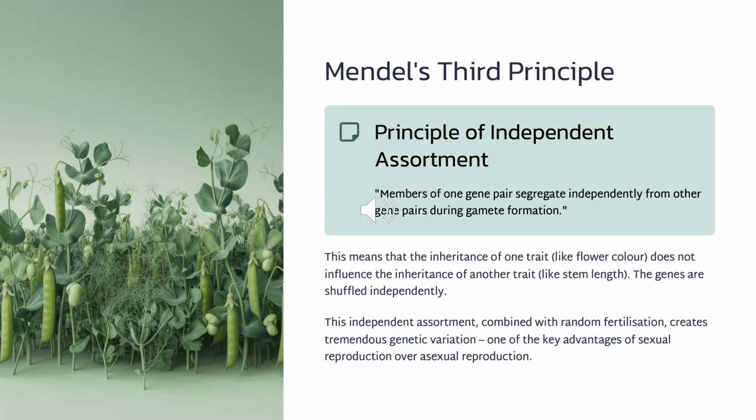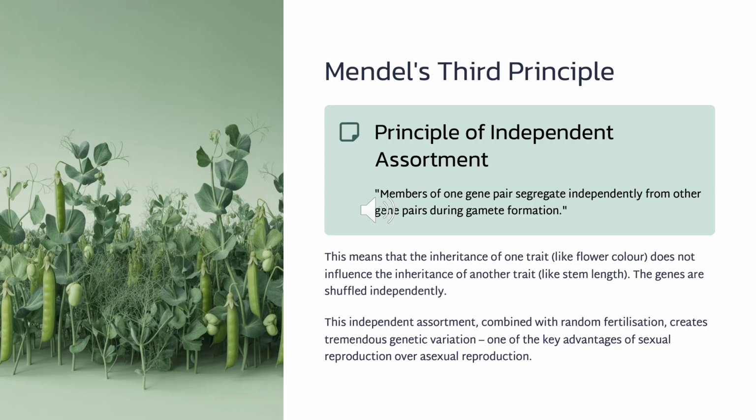This can be illustrated from the dihybrid cross that you learned just now. It means that the inheritance of one trait, like the flower color that we went through, does not influence the inheritance of another trait, in our example the stem length.